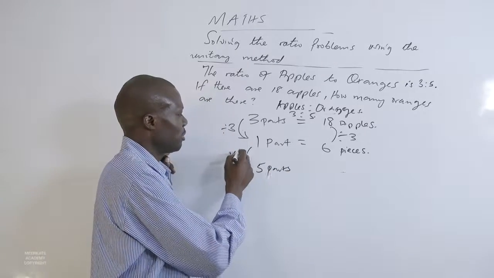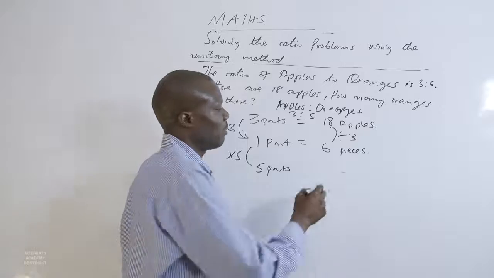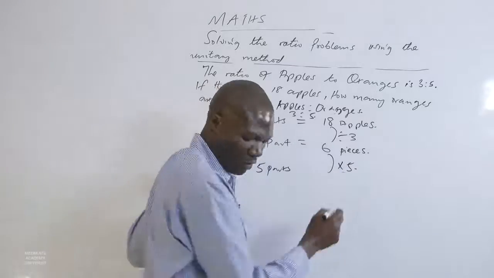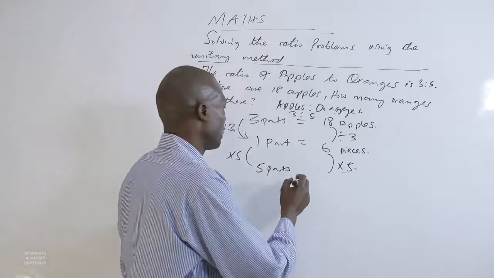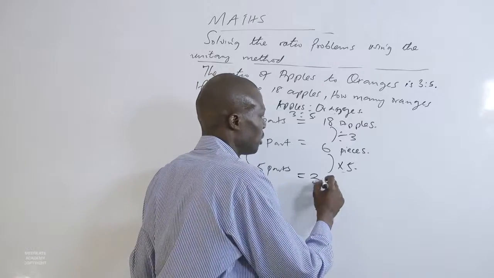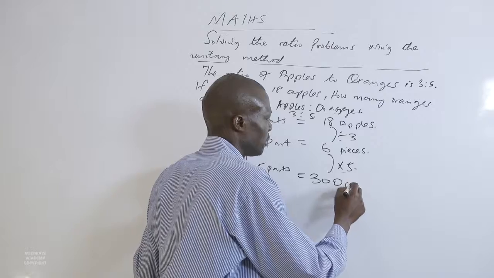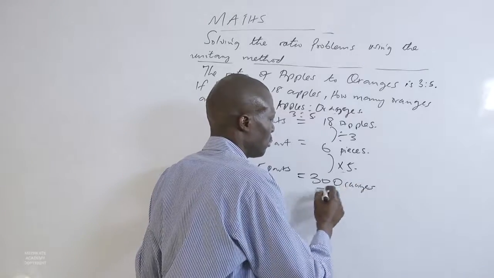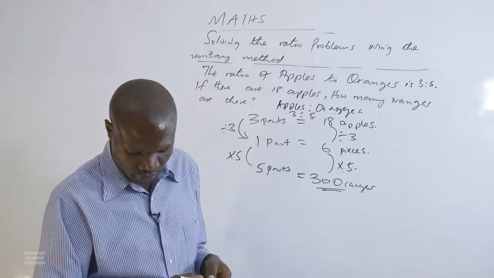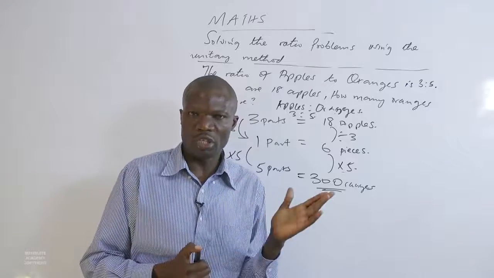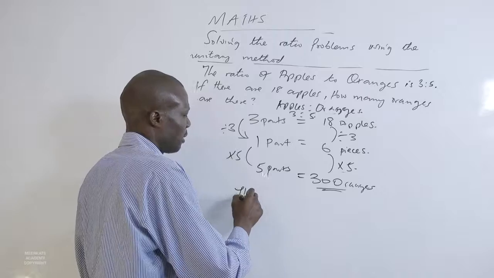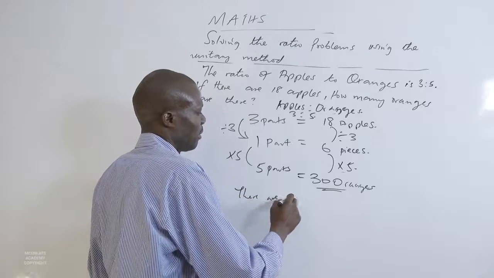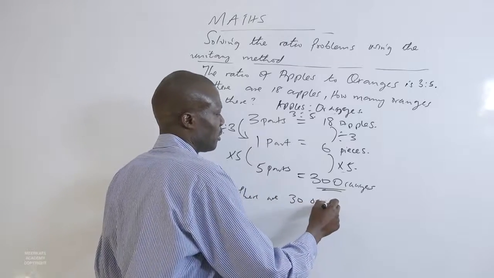So we have multiplied this one by 5. Therefore, we shall also multiply this by 5. If you do that, you'll find 5 parts is equal to 30 oranges. So in this question, we can agree that there are 30 oranges.